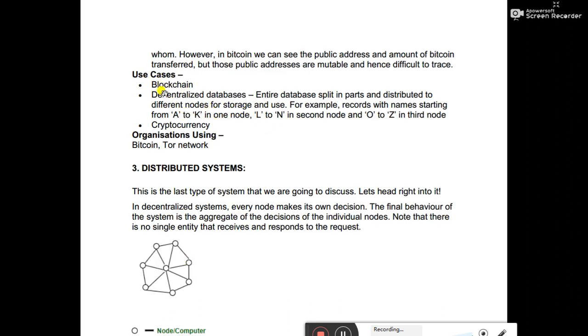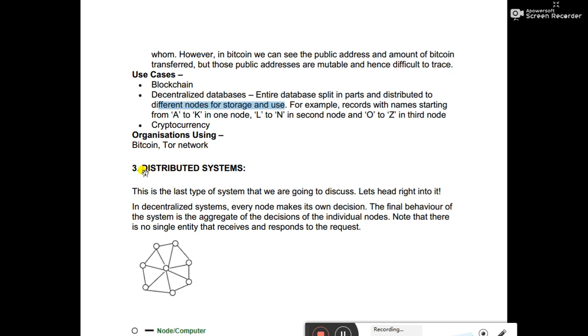Here use cases are like blockchain or decentralized databases. Entire database is split in parts, distributed to different nodes for storage and use. So these are the use cases. Here you can see Tor network. These are the organizations, Bitcoin or Tor network, using this concept of decentralized system.